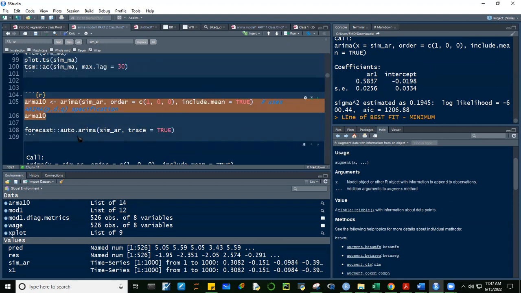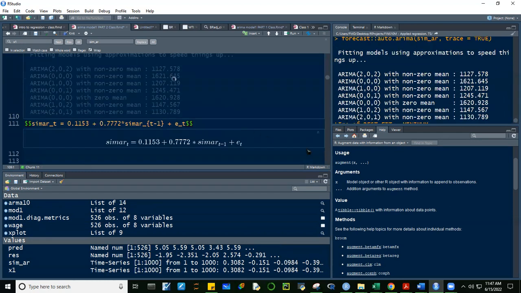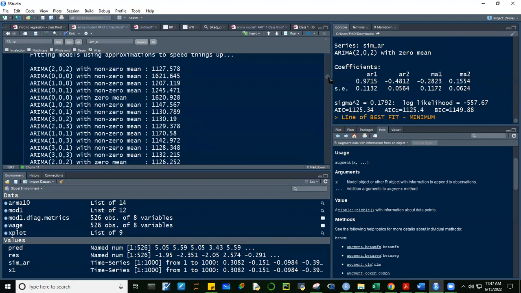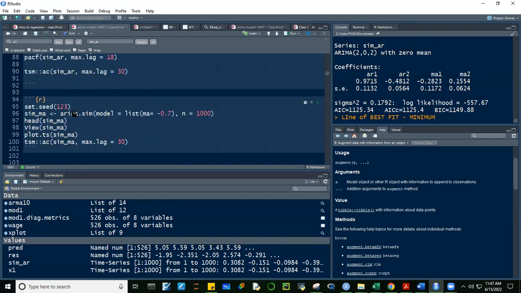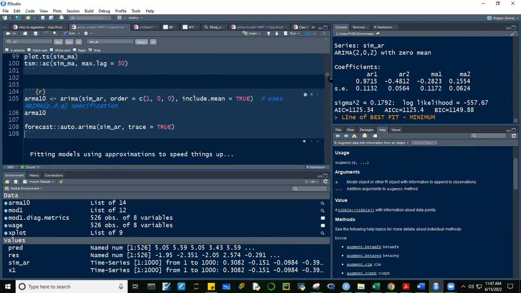Okay, then, when we use the auto.arima in the forecast package, this is a lot better, guys, than using ARIMA, because with ARIMA alone, we do it one by one. If we only use this, we will have to generate several models like this, and then change them one by one.